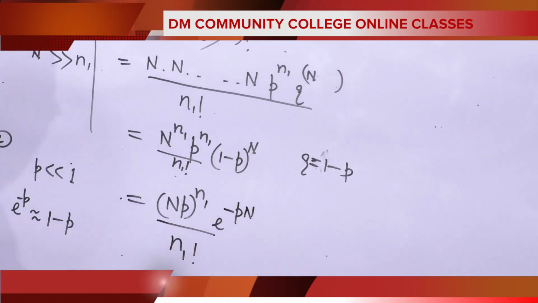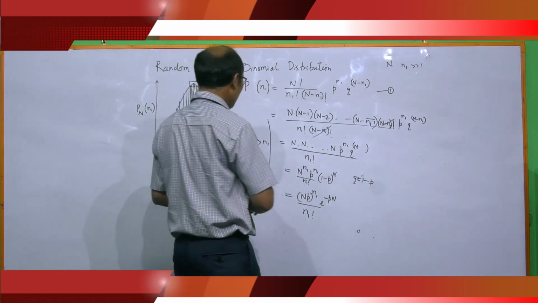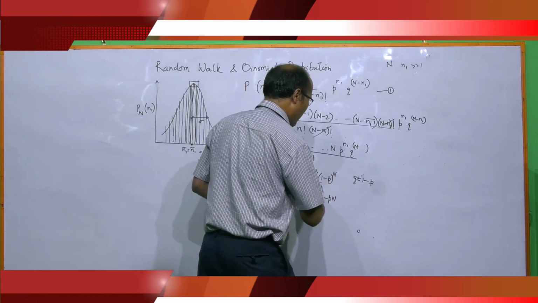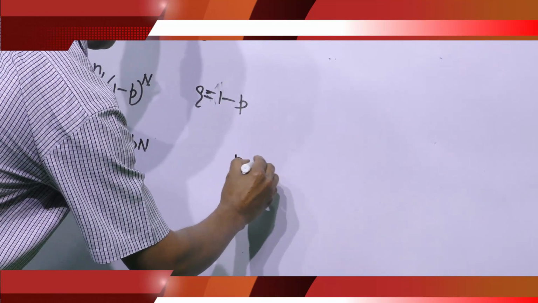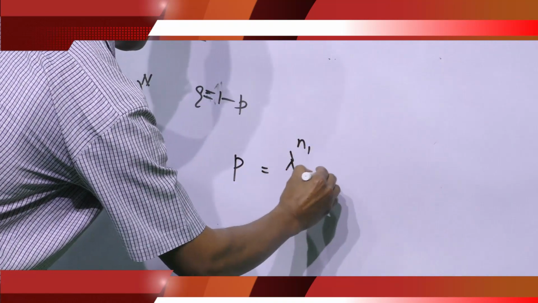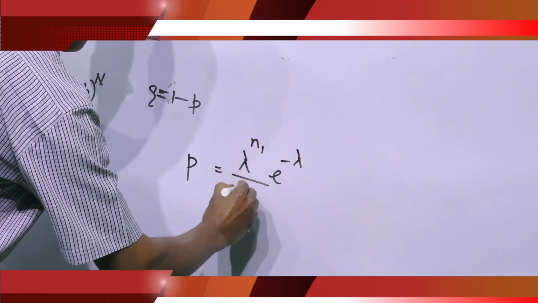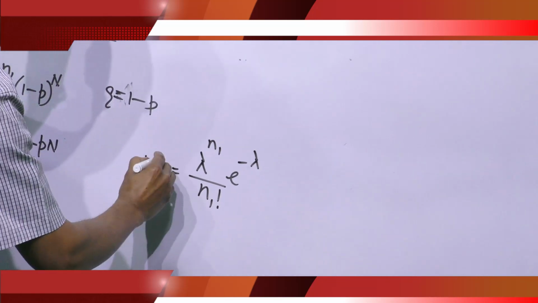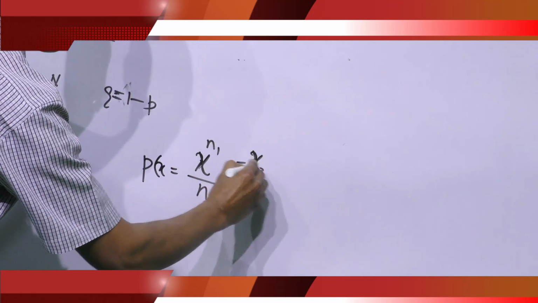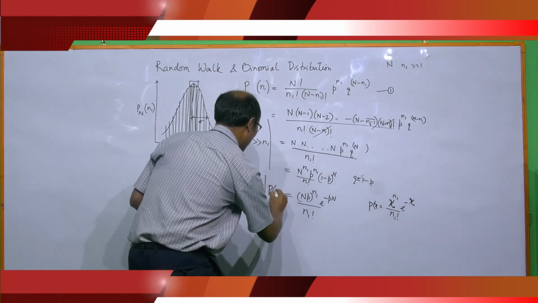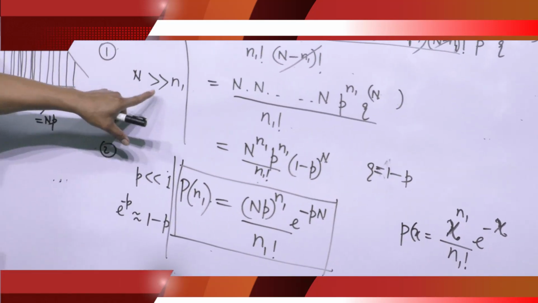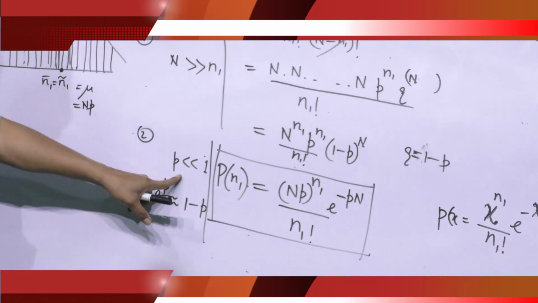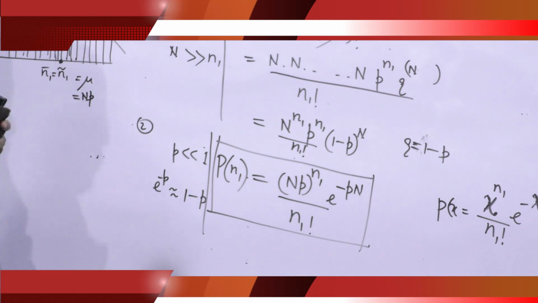So if we compare this probability density with the Poisson distribution, that is P(x) equal to lambda to the power x, e to the power minus lambda, divided by x factorial, this is P of n1 under the conditions that we have assumed: capital N is much larger than small n1, and p, the probability of taking a step towards the right, is much smaller than 1.